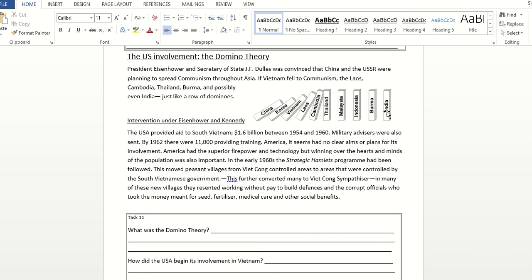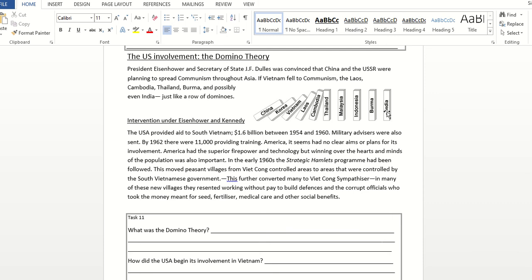But the Americans didn't just give them money, they also tried to give them moral support to try and win, and this is a really important phrase, the hearts and minds of the population. This meant they just wanted the support of the Vietnamese people. To try and do this, they came up with the Strategic Hamlets Programme.